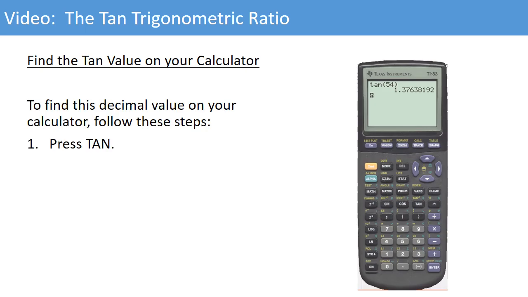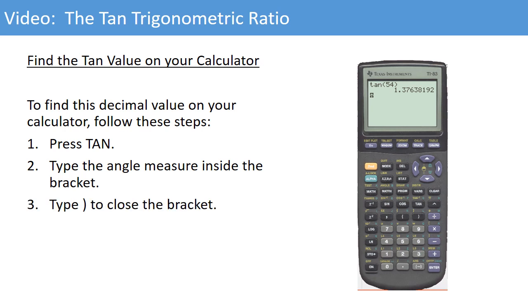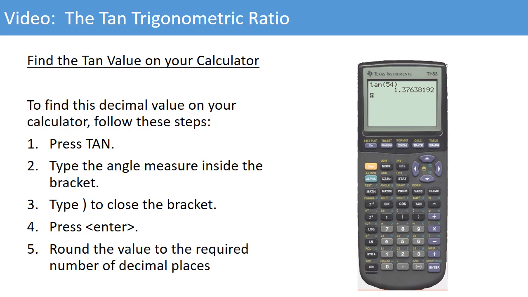Press the tan button on your calculator. Type the angle measure inside the bracket. If necessary, type to close the bracket. It's always a good idea to put the angle value inside brackets. When you press enter, you'll get a value of 1.37638192.